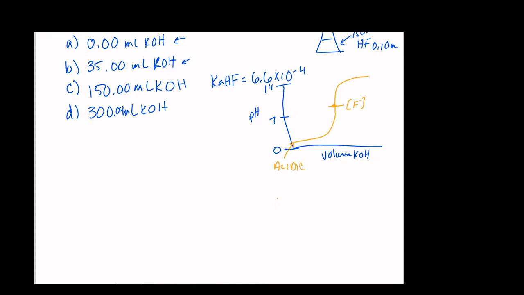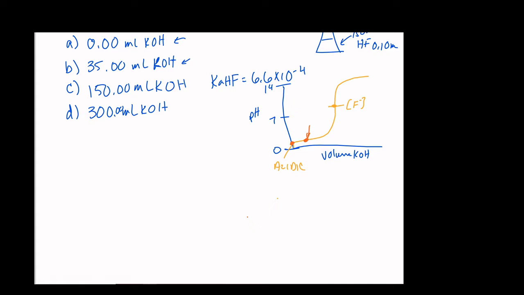As we begin to add potassium hydroxide, our pH begins to increase, okay? So as we move along this graph, our pH begins to increase. And so at some point, we'll have a slight increase. Maybe at our 35 milliliter mark, we can expect to have a slight increase in pH.